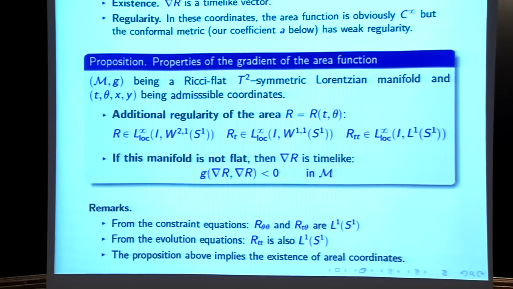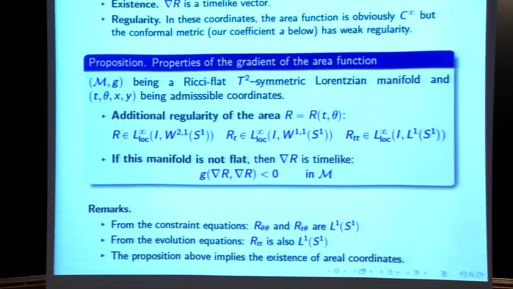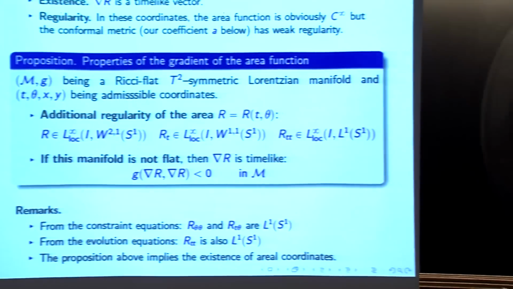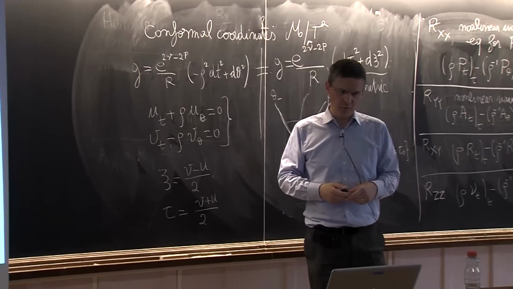But as soon as your manifold is not identically the Minkowski space, then the vector field nabla R turns out to be timelike. So the area is going to be increasing or decreasing when you go to the future or to the past. And we will use it as a time function.